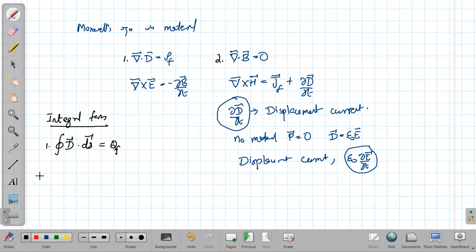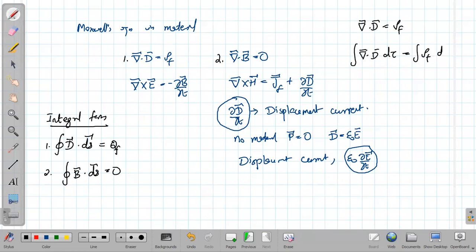And what would be the integral form of the second equation? It would be the closed integral B·da equal to 0. I will show how to convert the differential equation into the integral equation. If you look at ∇·D equal to ρ_f, just integrate it over the volume: ∫∇·D dτ equal to ∫ρ_f dτ. Now ∇·D dτ can be converted into a surface integration using Gauss's divergence theorem.